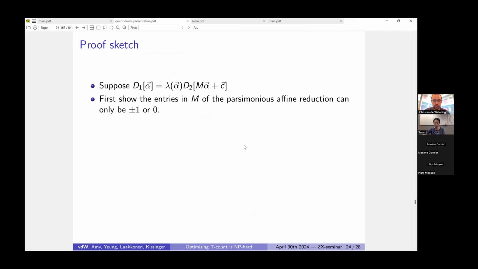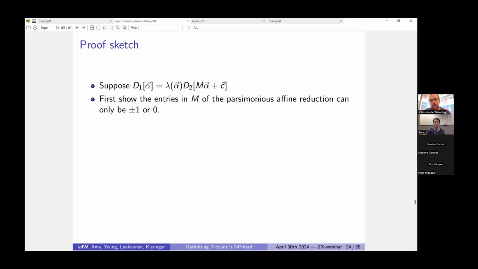Okay, so how do we prove this is optimal? The proof is a bit technical, so you can check out the paper for the details, but this is just a high-level overview. We are assuming that we have a diagram D1, which is given to us as a result of applying this algorithm, and we are supposing it is equal to some D2 with some parsimonious affine reduction.